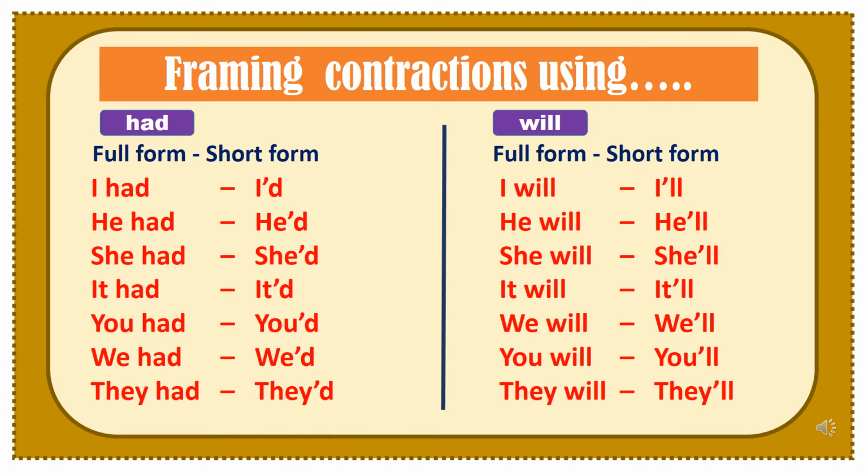Next one, framing the contractions using the word had. I had, I'd. I had is the full form. I'd is a contracted word. He had, he'd. She had, she'd.